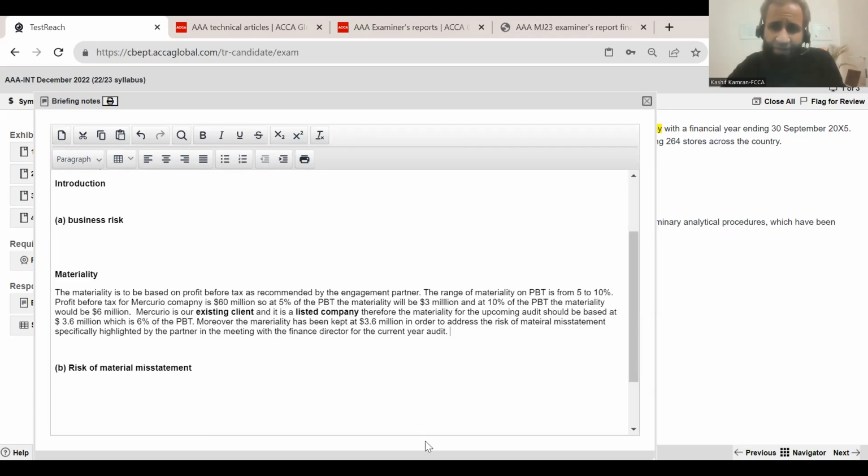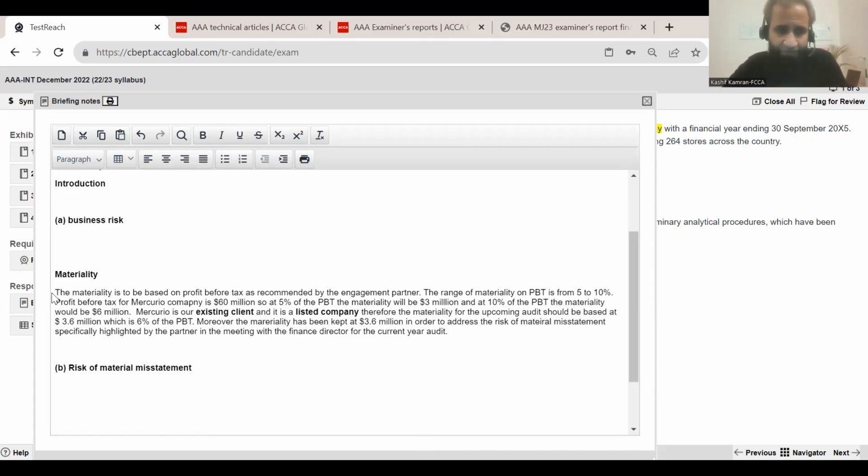You will come across different risks of material misstatement which the client is facing. Because they're facing a lot of risk and the partner has already highlighted them and you will be addressing them in the B requirement, it's ideal to increase the materiality gradually. There is no one good definition of a justification and it should not exactly match the examiner's justification to be rewarded. I'll make that clear.